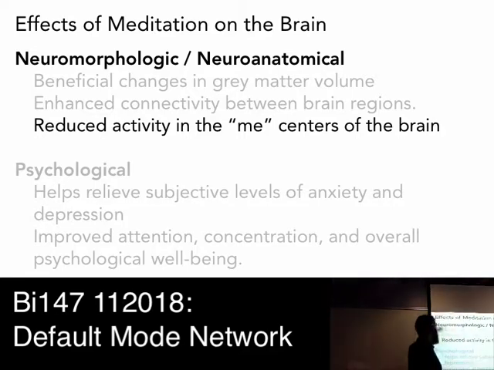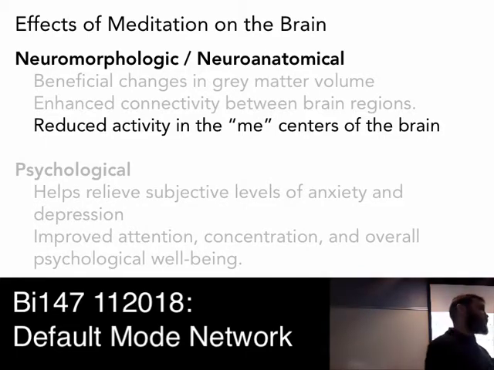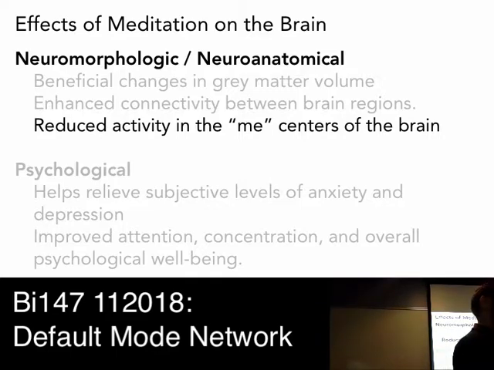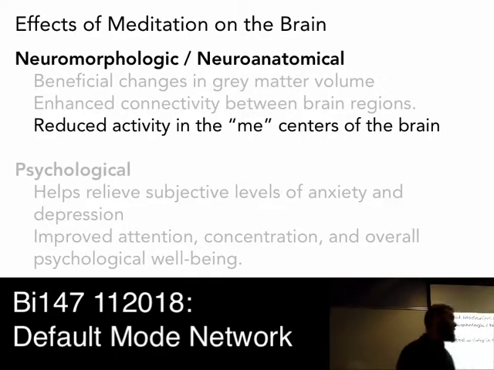And within this slide here, you can think of this top part as being form. This is the structure, the structural correlates of meditation. So we've been going over the ways that the body actually physically changes. All right, we have increased connectivity, we have changes in gray matter volume, et cetera.